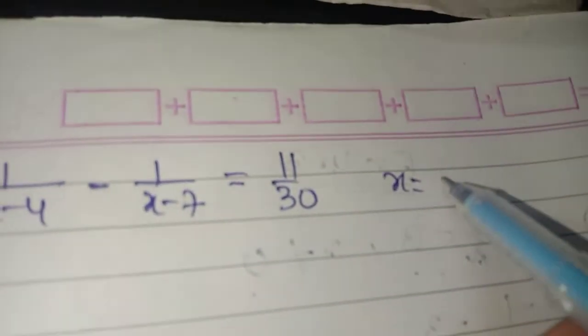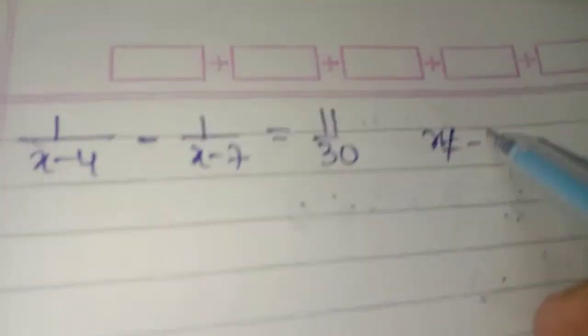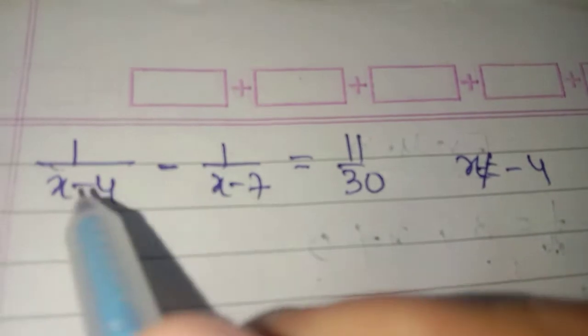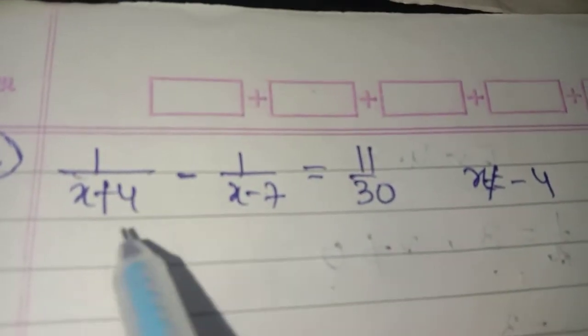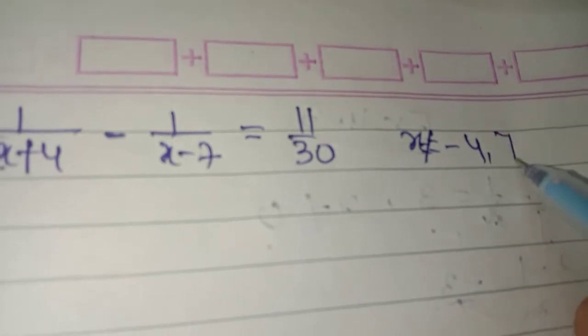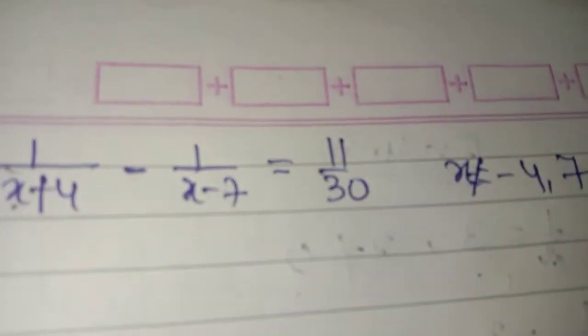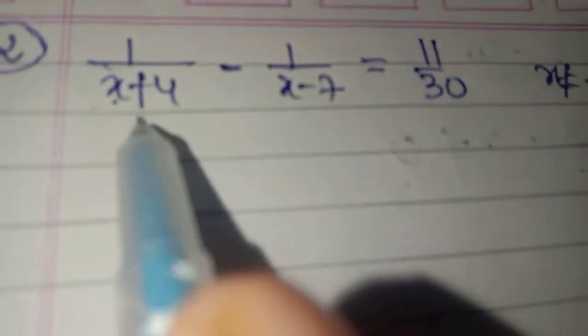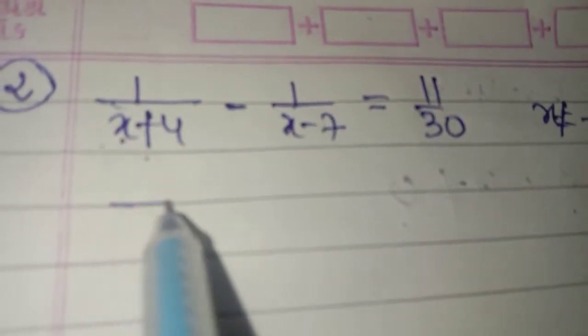Now see, here x is not equal to 4, sorry, it is plus 4, so x is not equal to minus 4, and here x is not equal to 7. Otherwise, they will not give you the condition of a quadratic equation. Clear? Now, take the LCM.